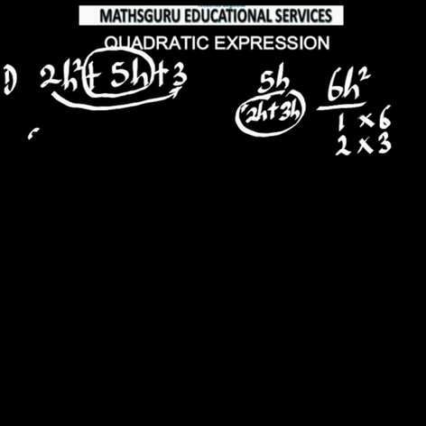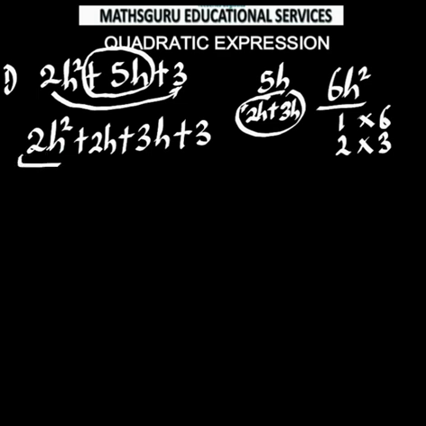So we are going to have 2h squared, and in place of this positive 5h, we're going to put positive 2h plus 3h. Then, of course, the remaining term here, we have to put it. Now, we have expanded this expression, so we can group them in 2. That is, we're going to pair the terms we have here in 2. So we have them paired this way.